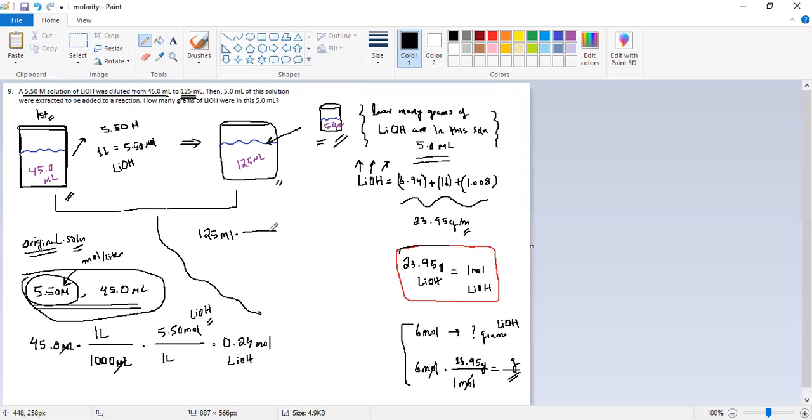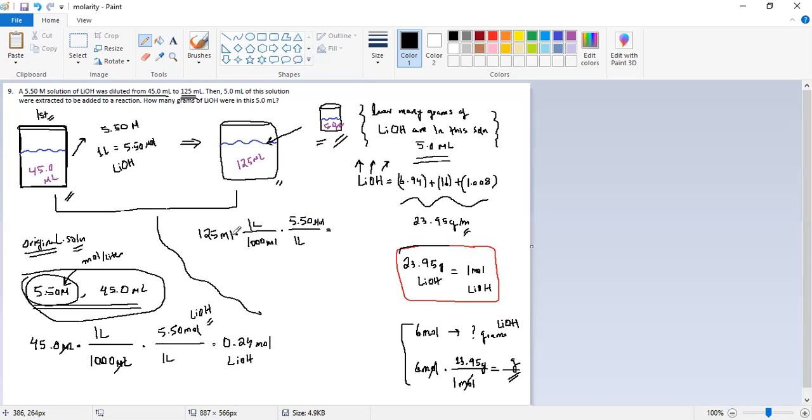If you were to do that, you would say, okay, I have 125 milliliters, and I'm going to use this conversion factor. Actually, first let me express this as liters, as we did here. And then what you'll do, if you're pursuing this route, is say, okay, I want to cancel out my liters, and I want to be left with moles.